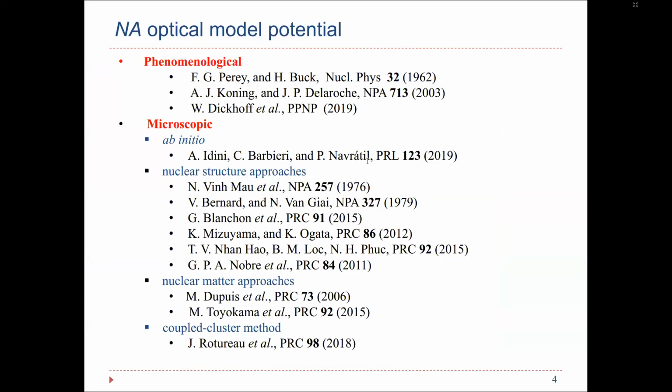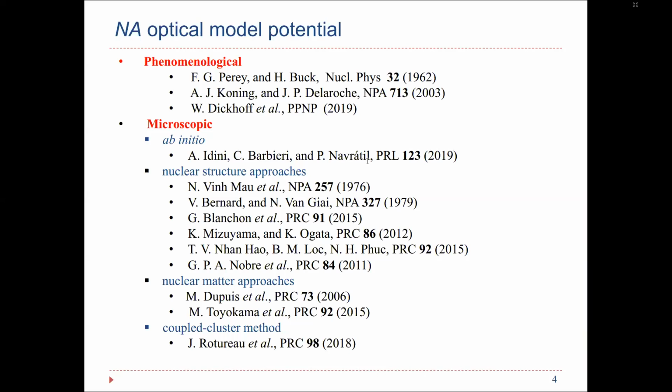Now, as you know very well, for the optical potential we have two main approaches: phenomenological and microscopic. The phenomenological optical potential is a very useful and efficient tool for describing nuclear reactions. Most nuclear reaction codes are based on this type of optical potential.